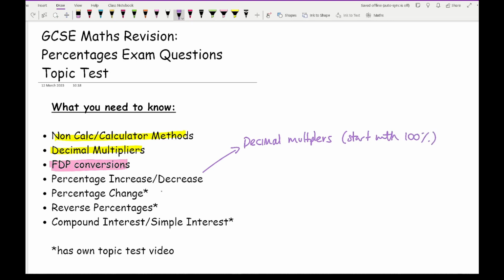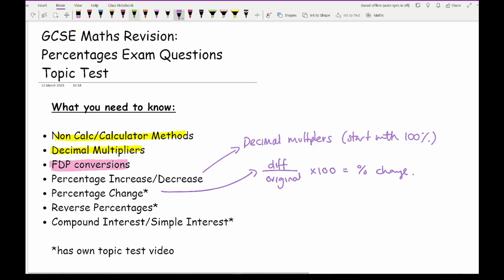Now when it comes to percentage change, the formula is the difference divided by the original, multiplied by 100, and that will give you the percentage change. Now if your answer is positive, then it's percentage increase. If it's less than 0, it's going to be a percentage decrease. So again, be aware of those.